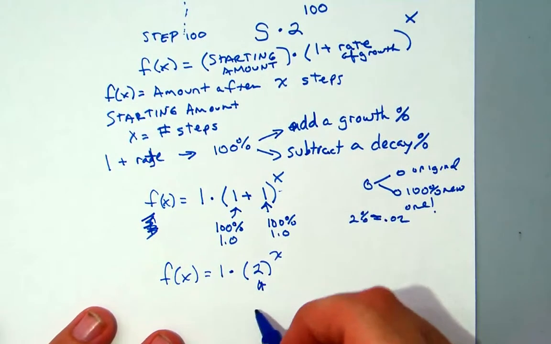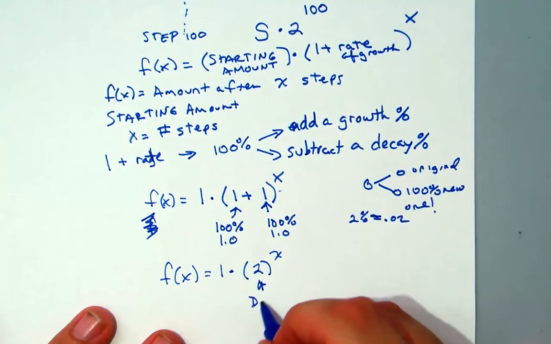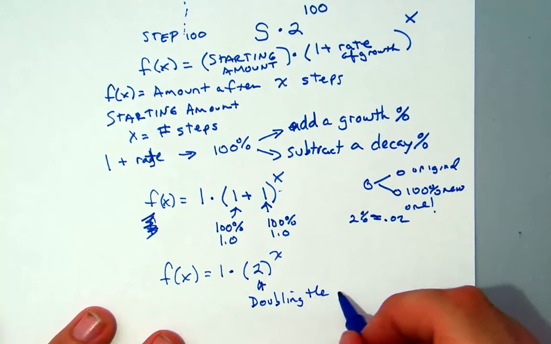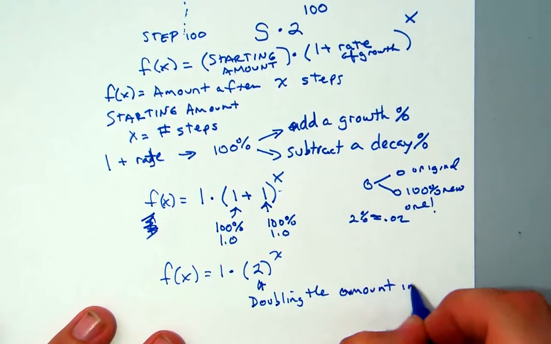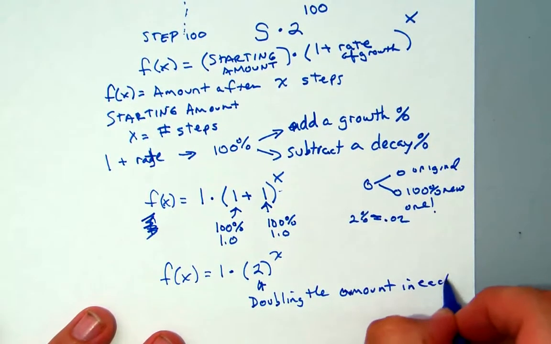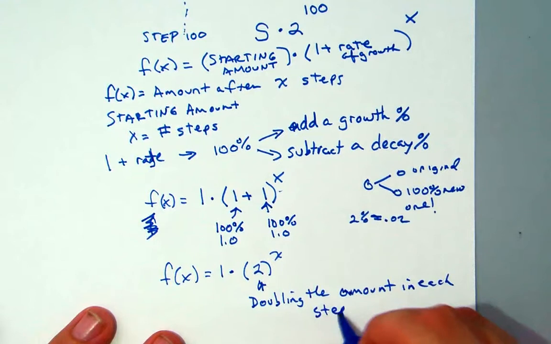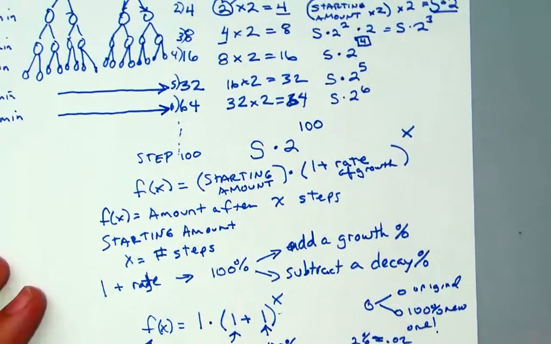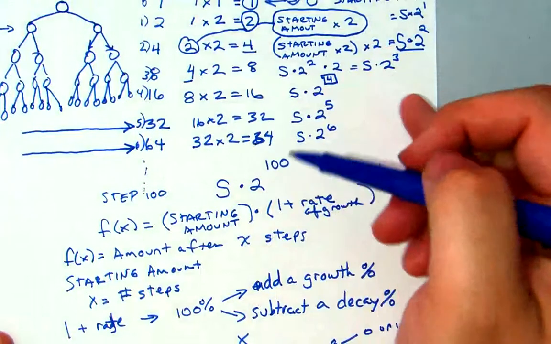And that says we're actually doubling the original, or doubling the amount in each step. So that's how we deal with and kind of model the situation because of what we're having here.